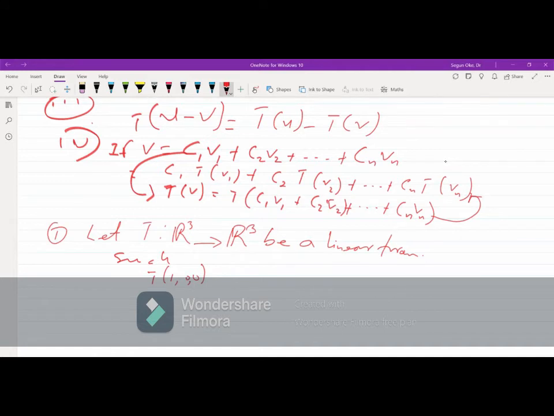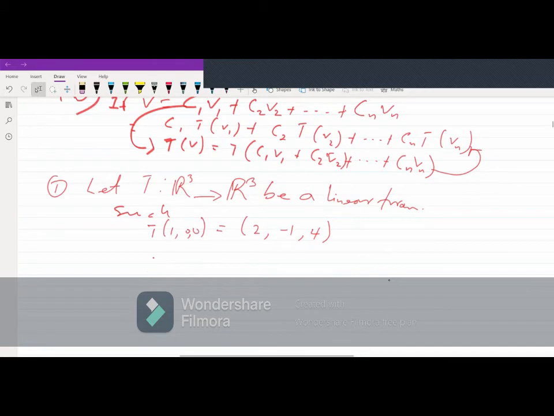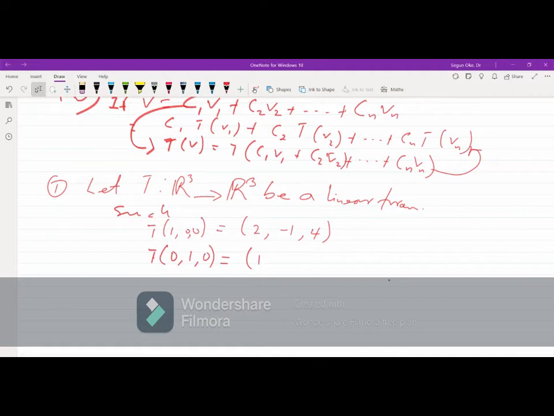Such that I have T of (1, 0, 0), which is equal to (2, -1, 4). Then I have another, T of (0, 1, 0), which is the same thing as (1, 5, -2).